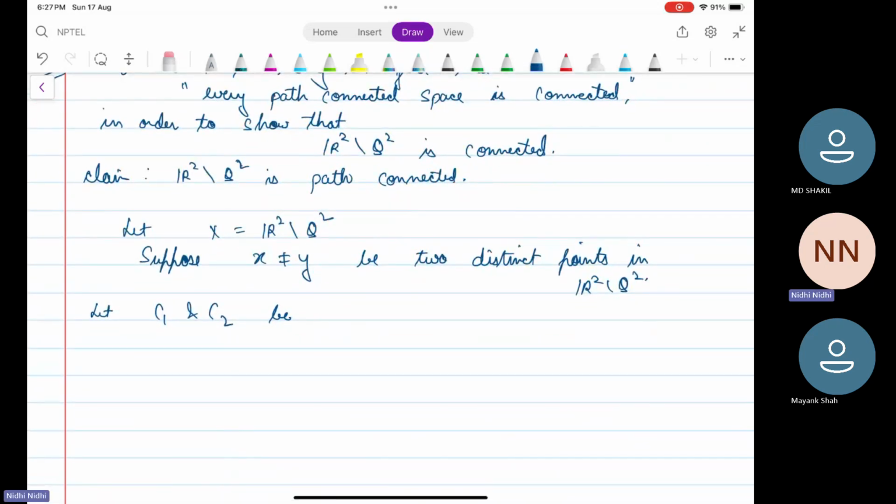Now suppose x and y are two distinct points in R2 minus Q2. So obviously they are two distinct points in R2 as well.